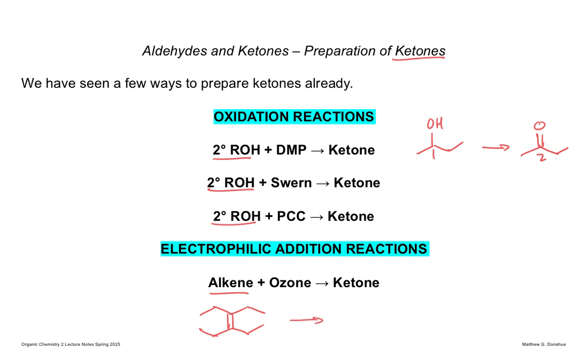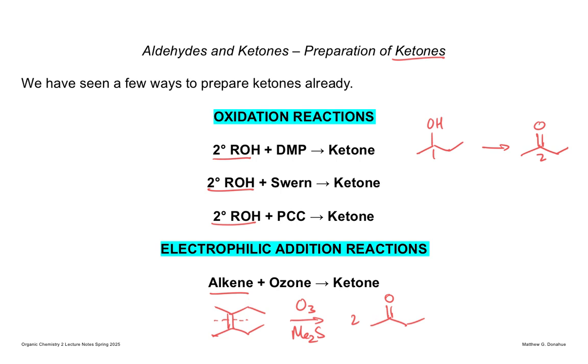So let me erase. So ozone, then the reducing agent, that would get us 2 equivalents of that butanone. So that point I made when we identify the sp2 hybridized carbon, bonded to that has to be carbon and carbon.